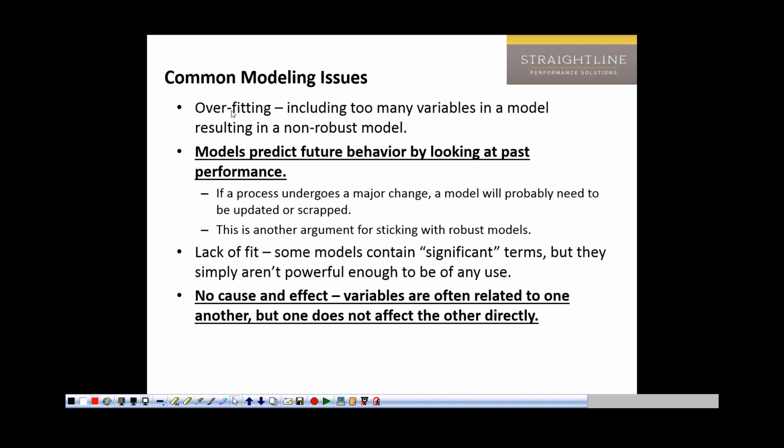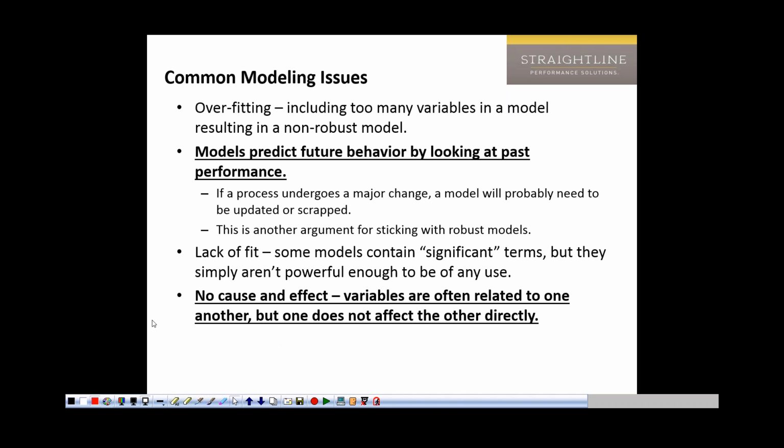Another problem, which I alluded to before, is overfitting. If we throw everything in but the kitchen sink, that can hurt the robustness of a model. It can make it easier to break and put more assumptions on it. So again, we should prefer the simpler models when they're equal in explaining power.